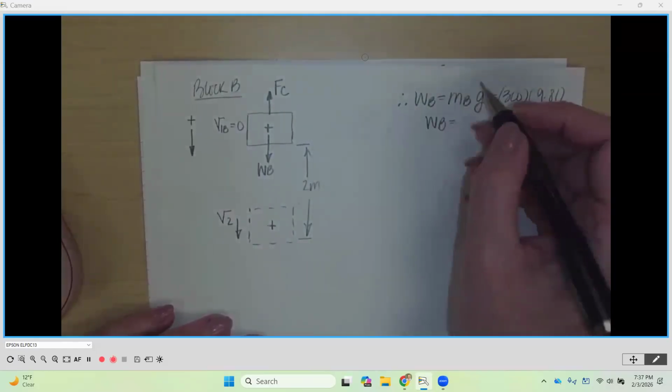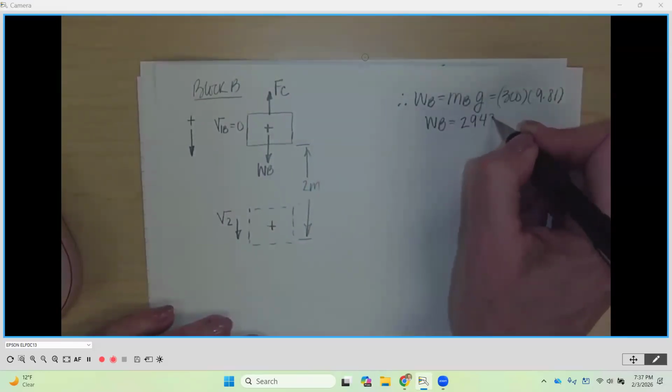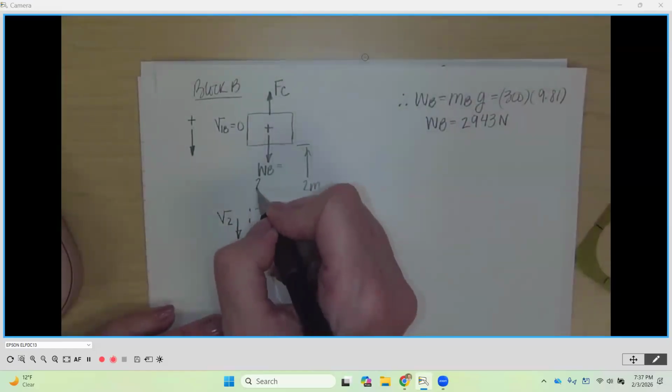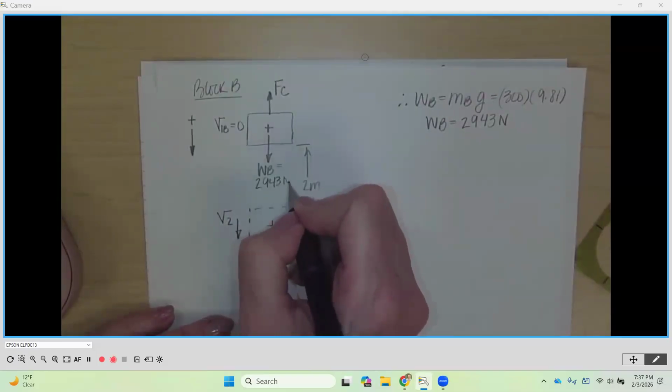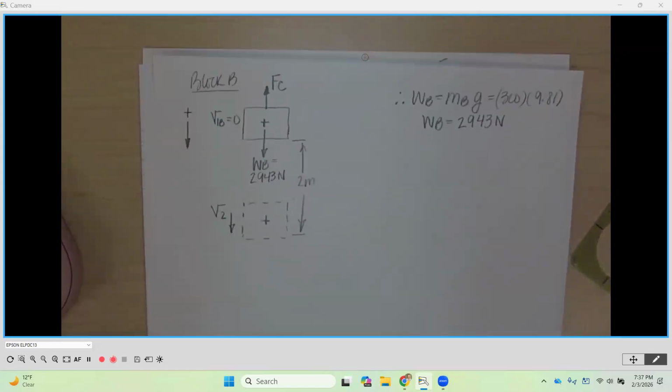So the weight of B is going to be 2,943 newtons, going down.